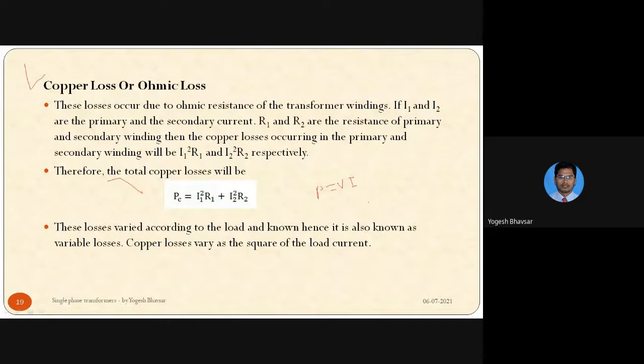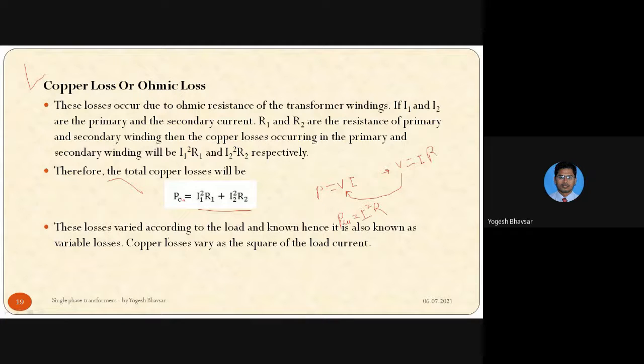V into I. And we know Ohm's law, V is equal to I R. So, we can simply put the value of V in this equation. So, when you put this V here, what we get? I square R. So, this is nothing but the power. So, we can just remember Cu, copper loss, PC or PCU, I square R, right? And this includes primary and secondary. So I1 square R1 plus I2 square R2.